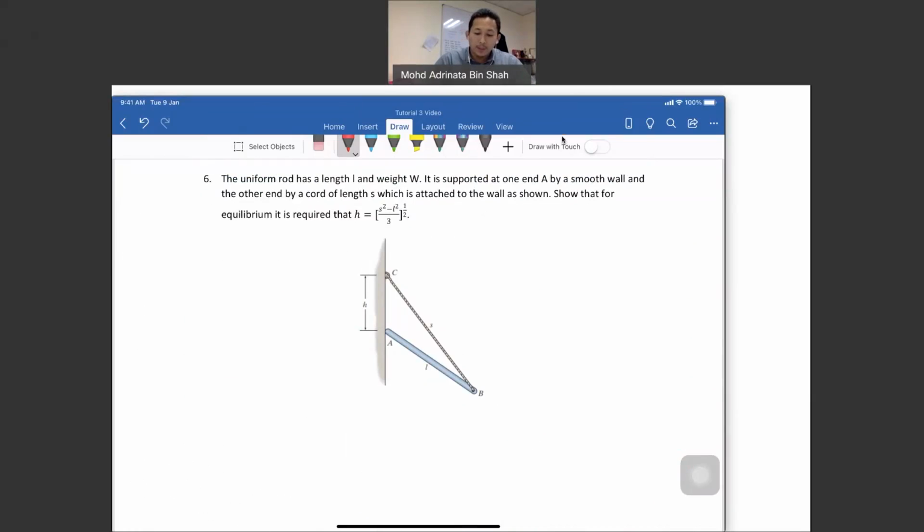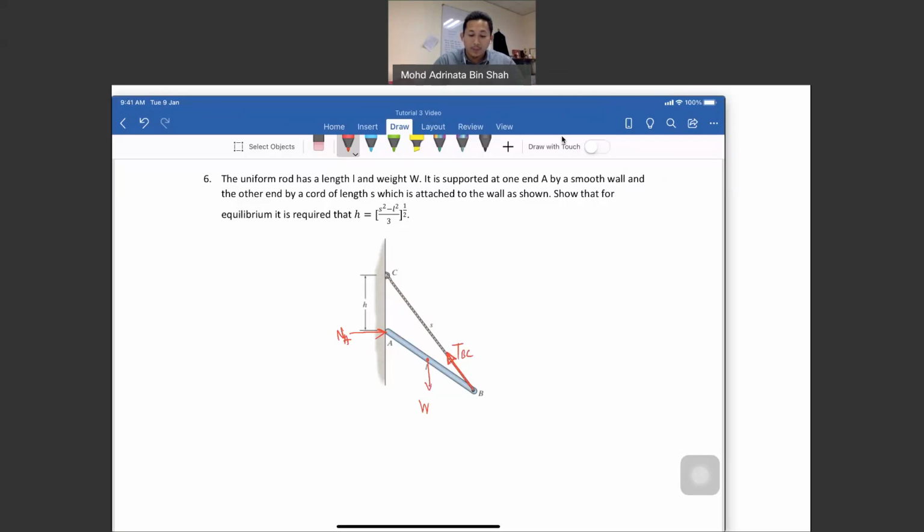The uniform rod has a length L and width W. It is supported at one end by a smooth wall, so for the smooth wall, this is A. And then we have our cable, a cord, this is TBC, which is attached to the wall as shown.